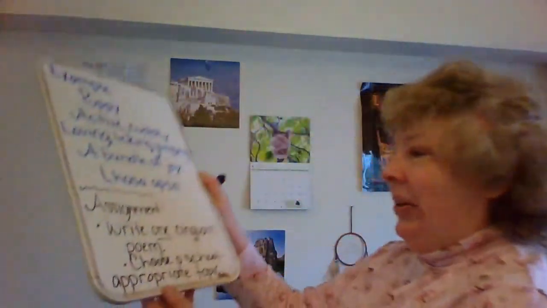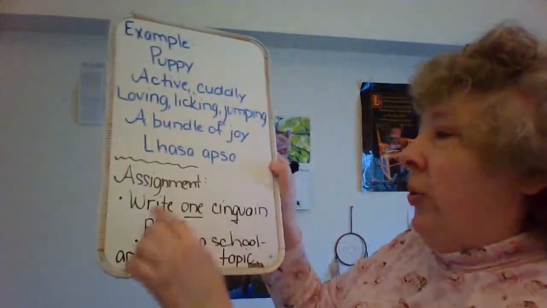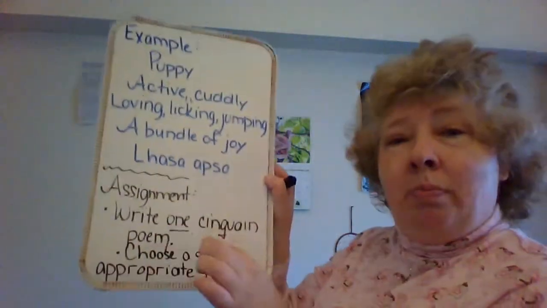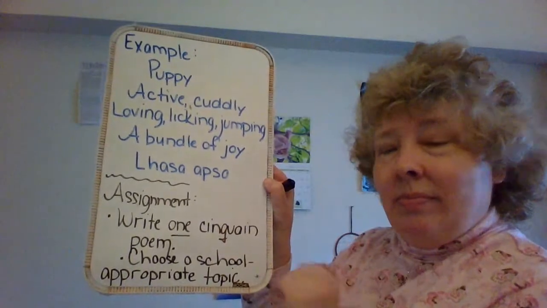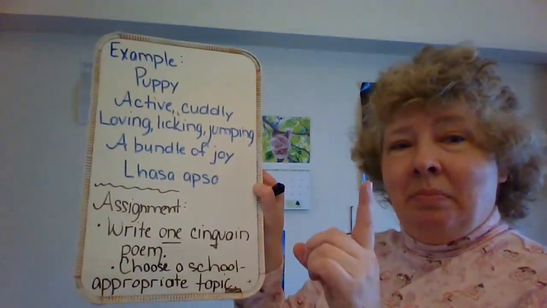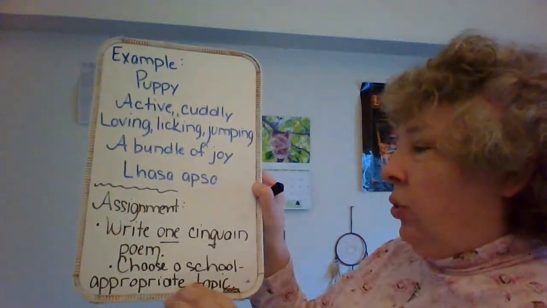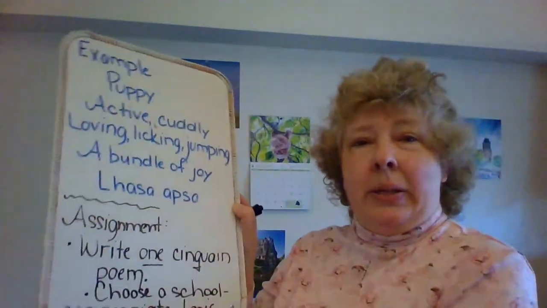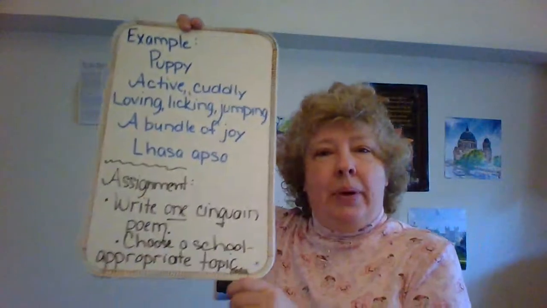Okay. Here's your assignment. Here's the assignment. You are to write one Cinquain poem. Okay? One Cinquain poem. Just one. You choose a school-appropriate topic. Okay, so in case you're going, okay, what's the topic?